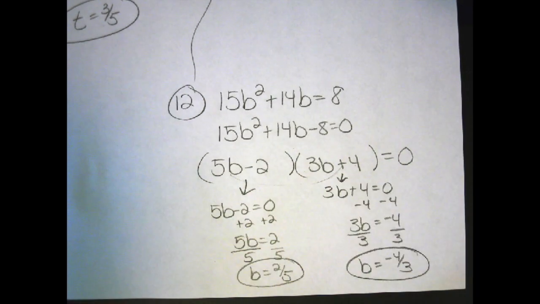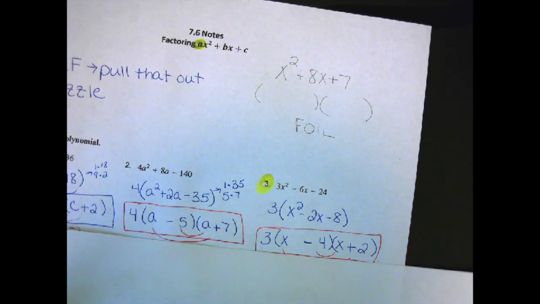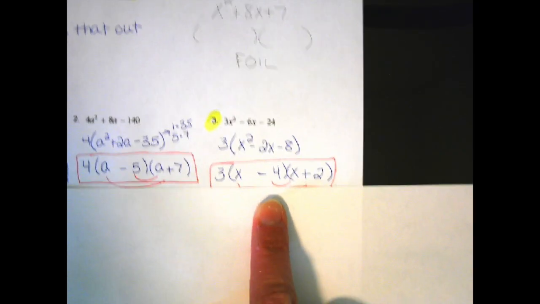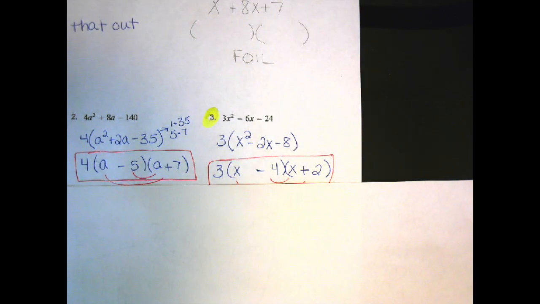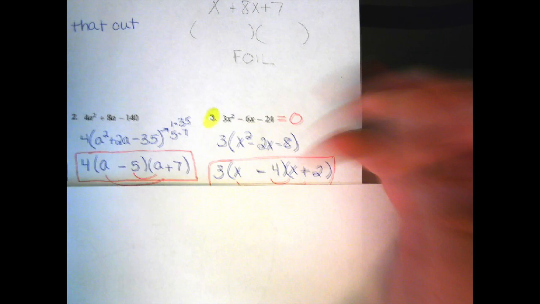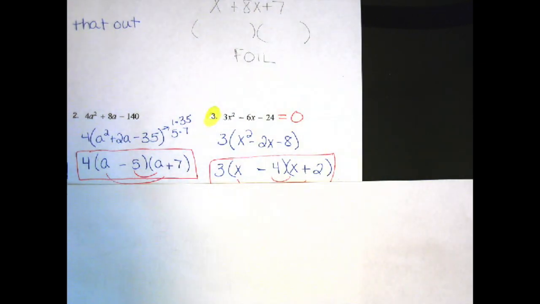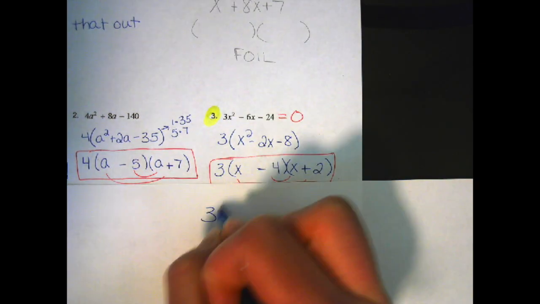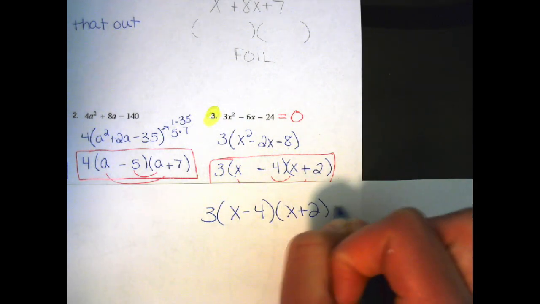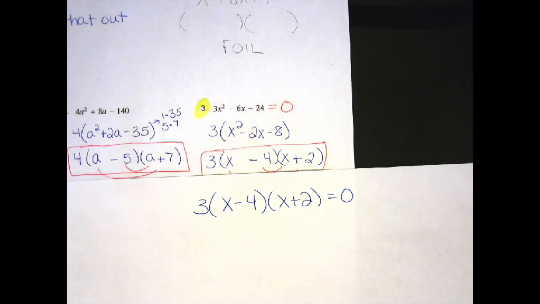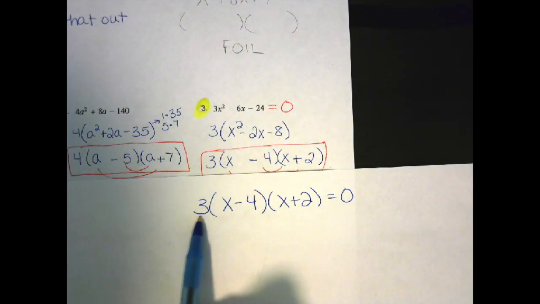Now, I did want to mention one other quick piece that was not on this page, and I kind of wish it was, but that's okay. Do you see a problem like number 3? If this asked you to solve, so remember how if it has the equal sign behind it like that with a 0, if this asks you to solve and you now have factored it down to this and you have an equal 0, some people wonder about this part.